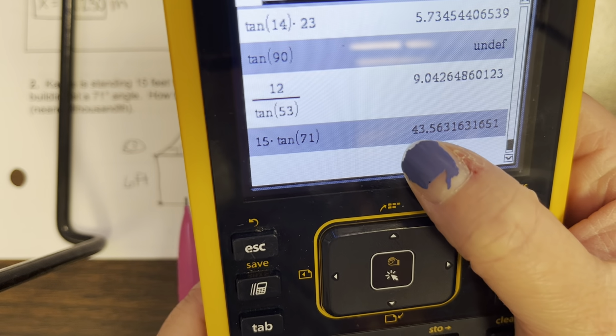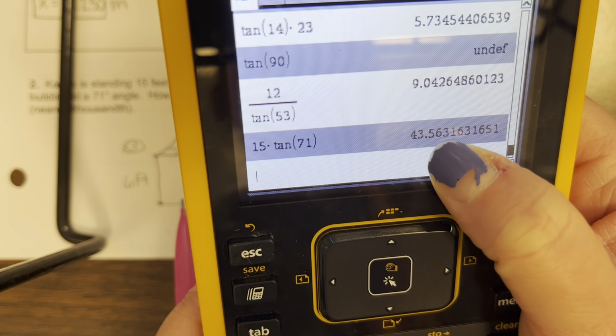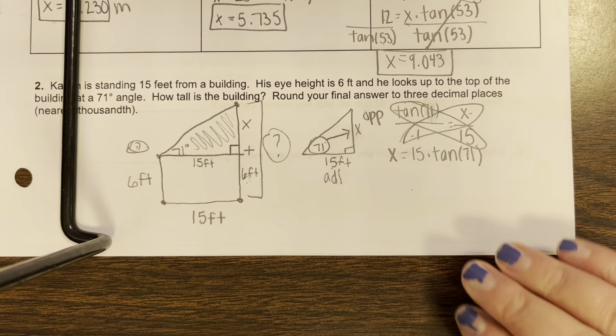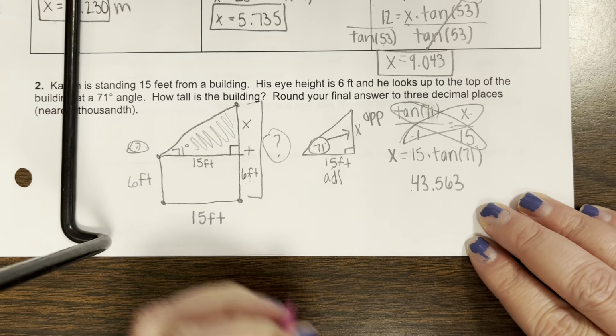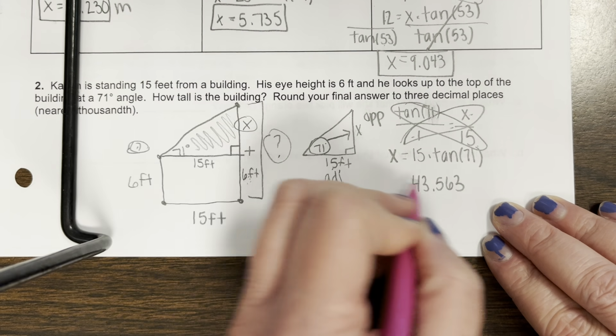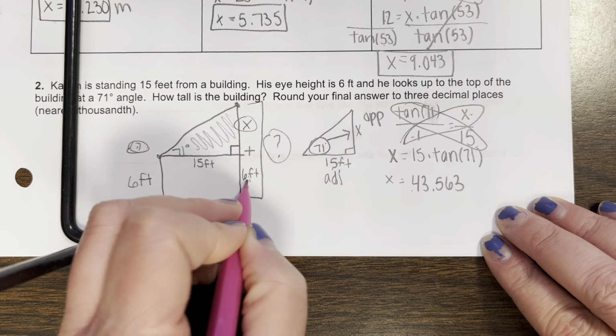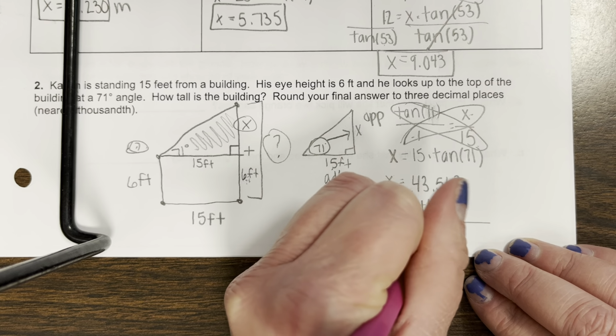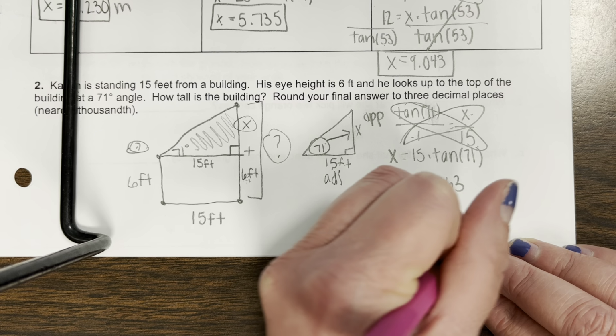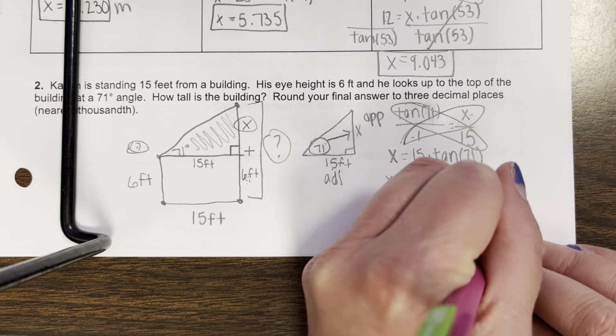So we got 43.563. The digit after says the 3 should stay the same. So 43.563. And then let's add 6 to it, because this is the 43.563, and then we need 6 more to make the whole building. So that is 49.563 feet is the height of the building.